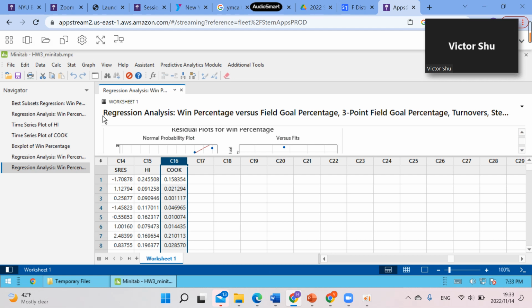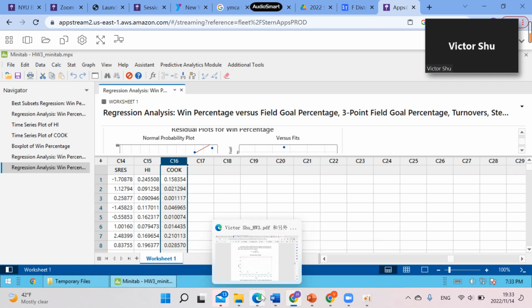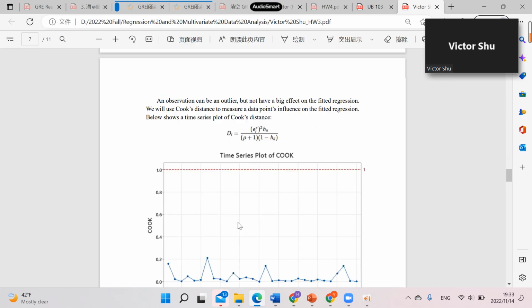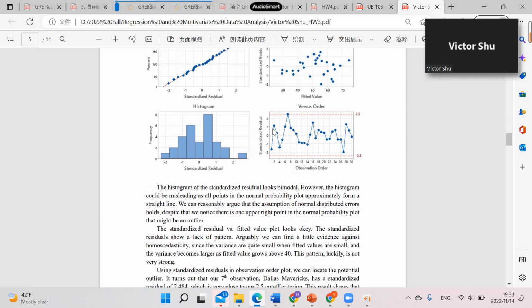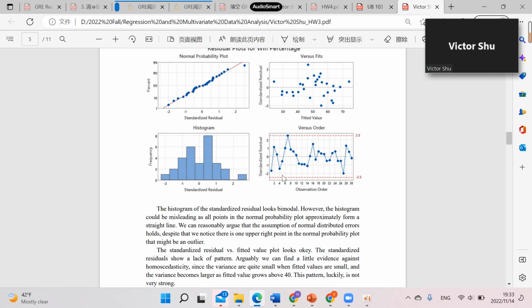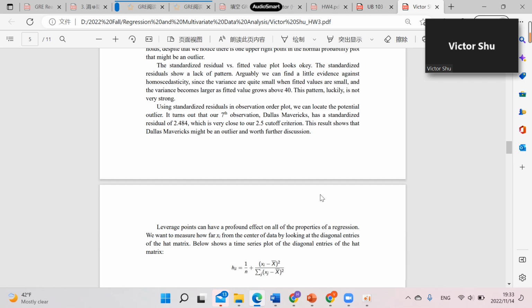So I can actually plot a time series plot of the residuals, the leverage and the Cook's distance, like I did here. The residuals I already did. The time series plot is just the standard residual versus the observation order plot.